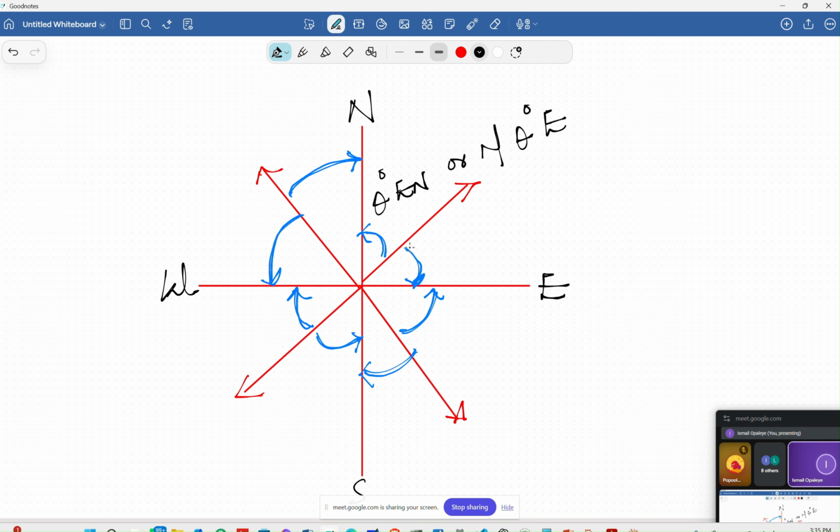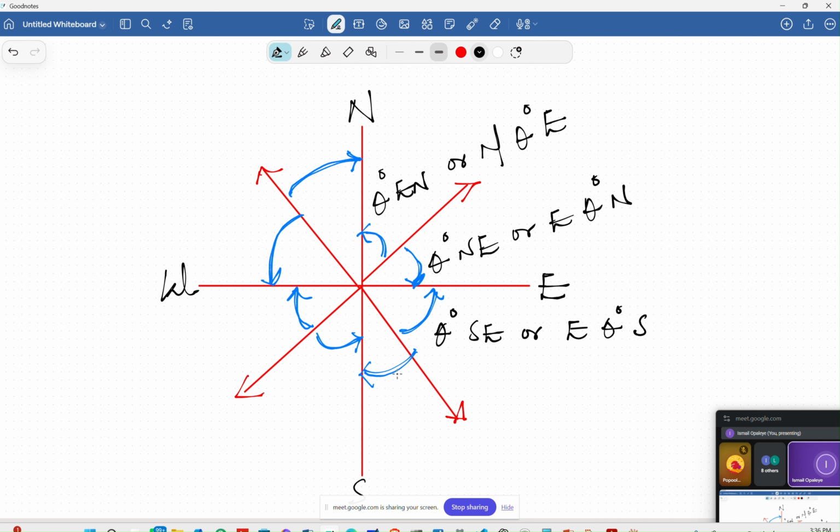So if this is going from north to east, we call this one theta degree north of east, or east theta degree north. For this one, it is going from south to east. So this will be theta degrees south of east, or east theta degree south.